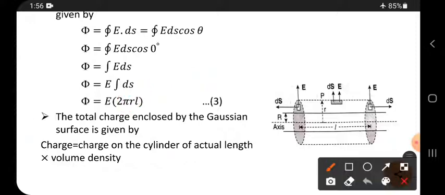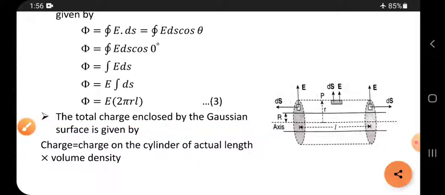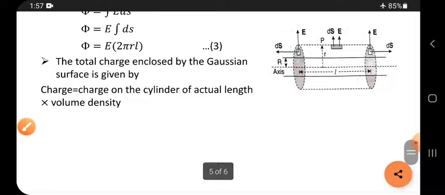Next, the total charge enclosed by the Gaussian surface is given by, the same thing I have done in the previous one. So charge can be written as charge on the cylinder of actual length into volume density. So here the charge is mostly present where?